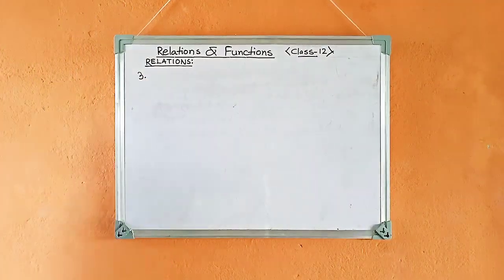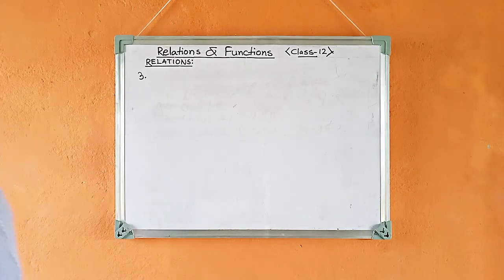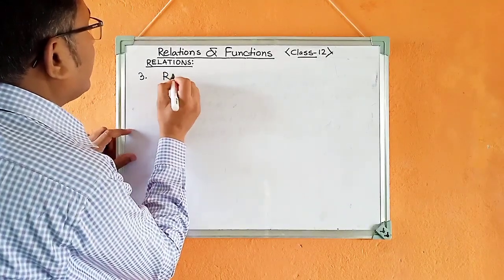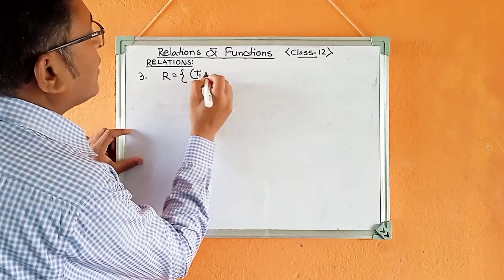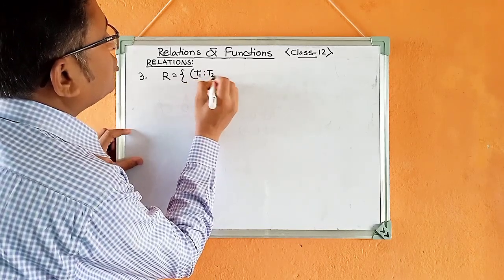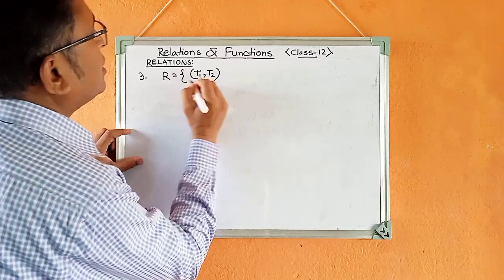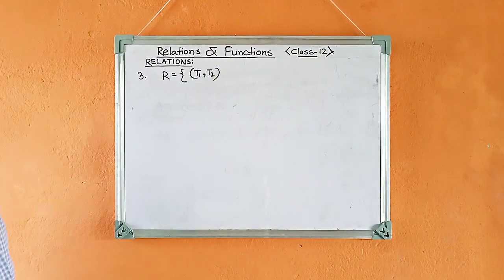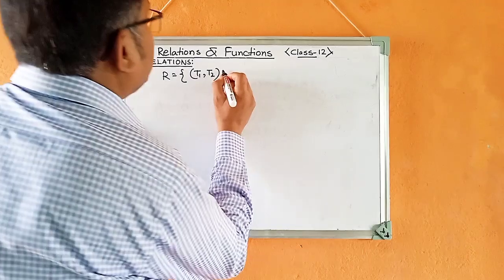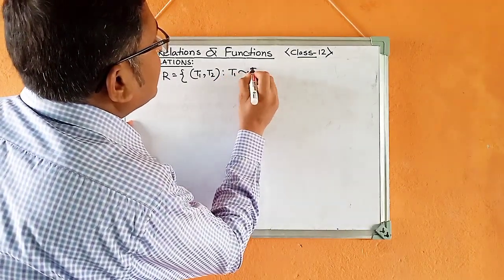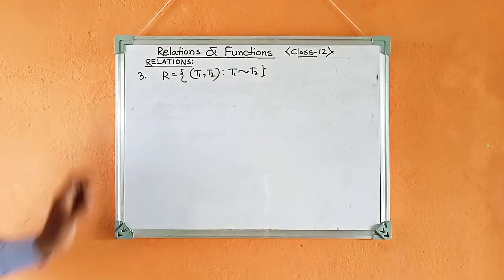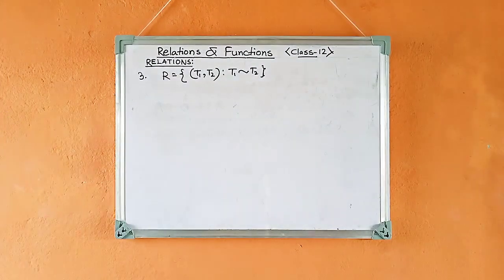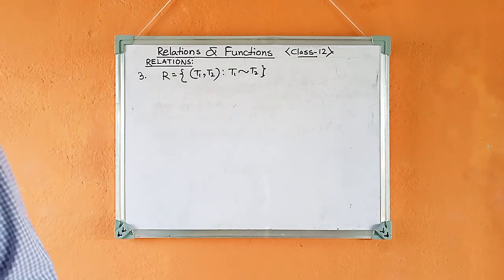Show that the relation R in the set A of all triangles, given by R equal to T1 comma T2 such that T1 is similar to T2, is an equivalence relation.